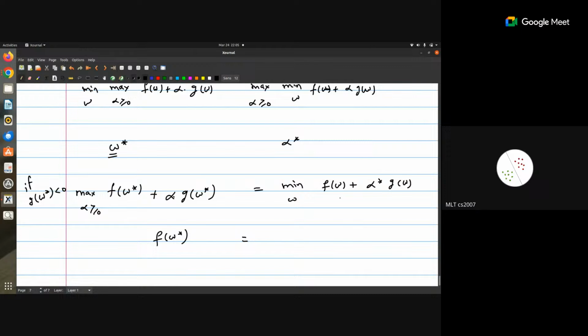What is the bound on this value? Minimum over w of f of w plus... If I use this w star as a solution here, will that be more than this or less than this?